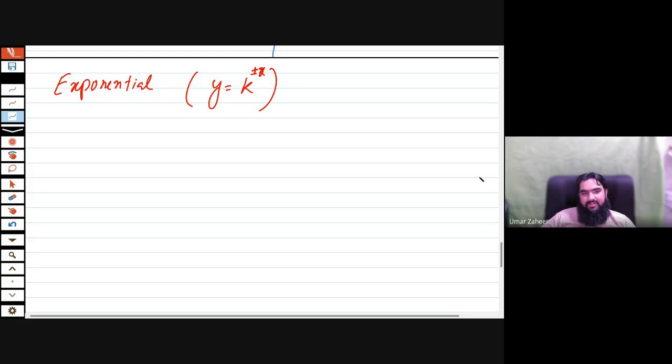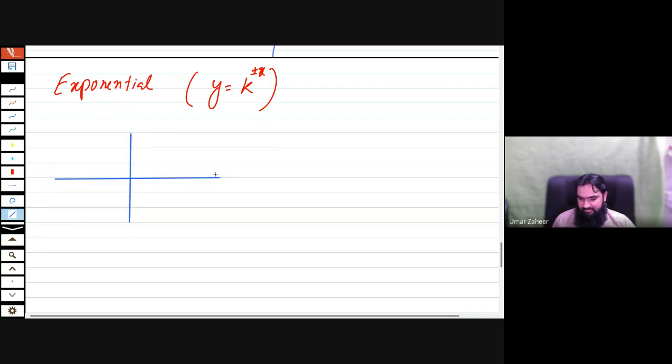The shape of the graph is going to look like this, I need to draw the coordinates. For example, if you have y is equal to k raised to positive x, meaning 2 raised to power x, 5 raised to power x, 10 raised to power x, then the shape of the graph is going to look like this.